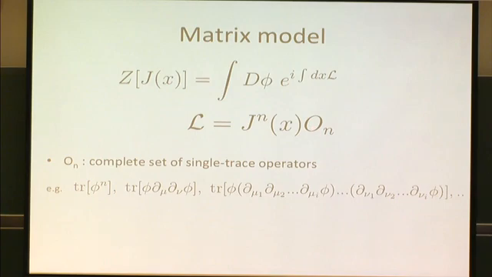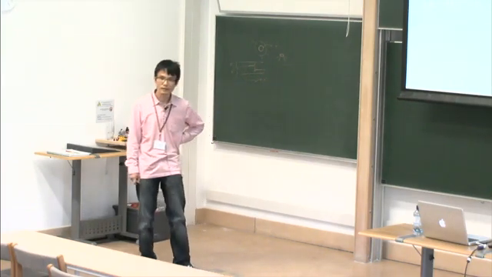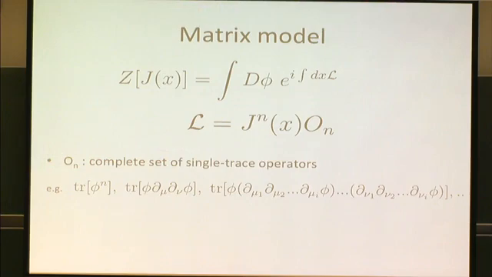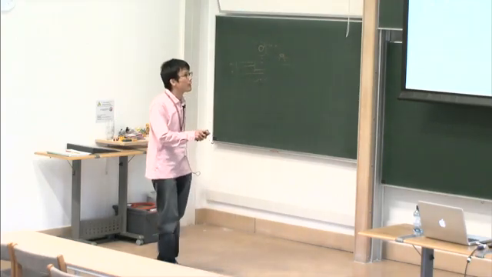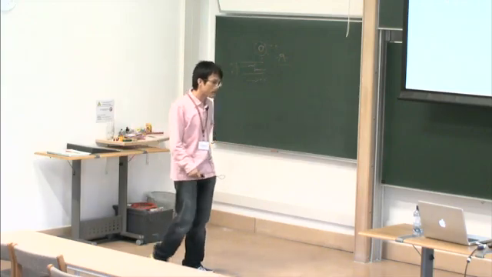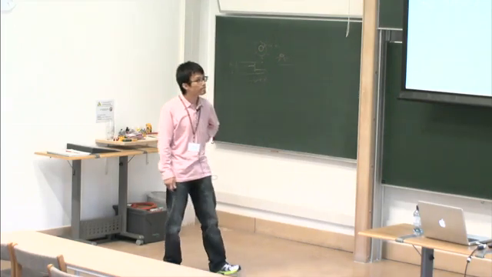So here O_n represents different types of single trace operators that are allowed by symmetry, and J_n(x) is a space-time dependent source for each single trace operator. And then I assume that there's some regularization scheme, and the partition function is given by a functional of this space-time dependent source.